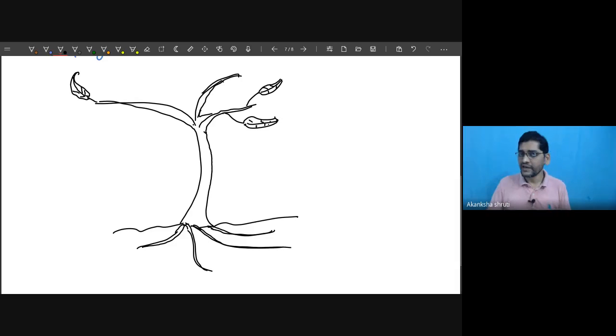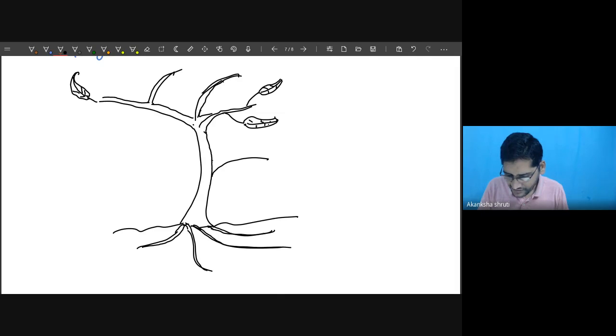Understand this carefully. Everything I will draw in this, all three kinds of tissues and where they are present. Students, you will also observe there is not only one branch, but there can be many branches also. Let me draw one more branch here, and another branch here.